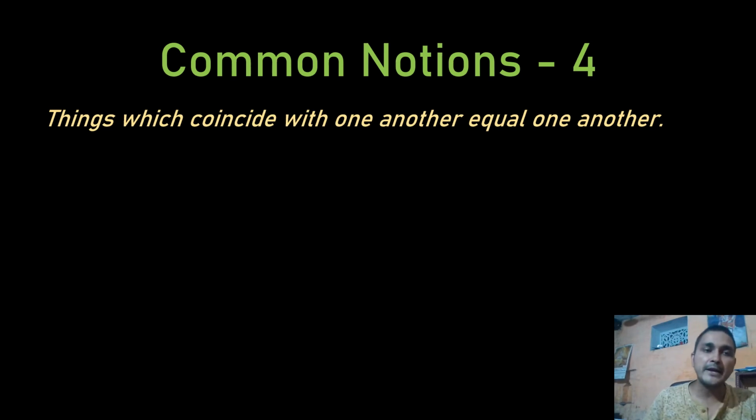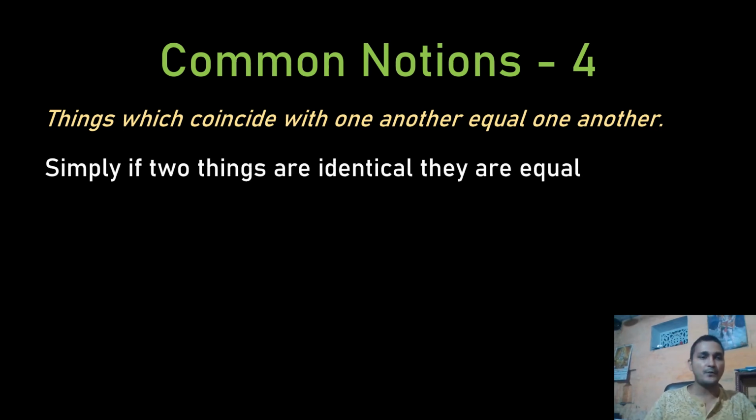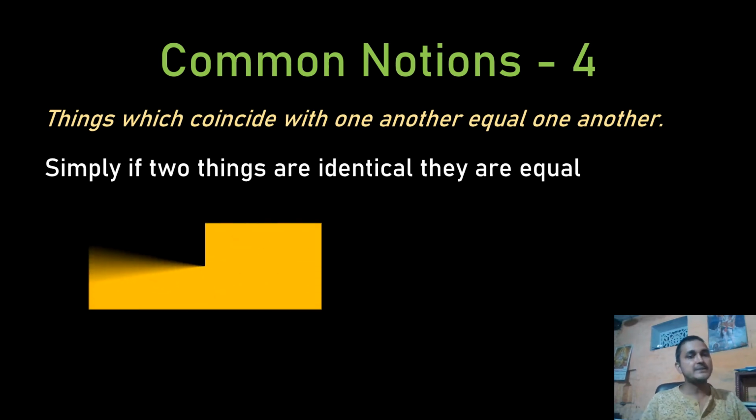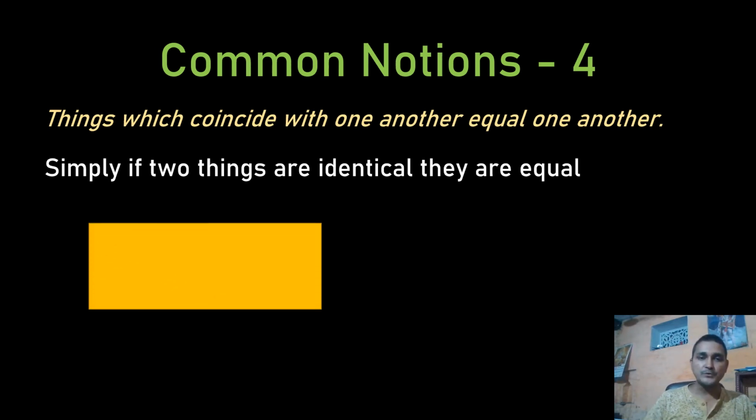We can say if two things are identical, they are equal. Also, geometrically, if two objects are superposed on each other, then they are called equal.